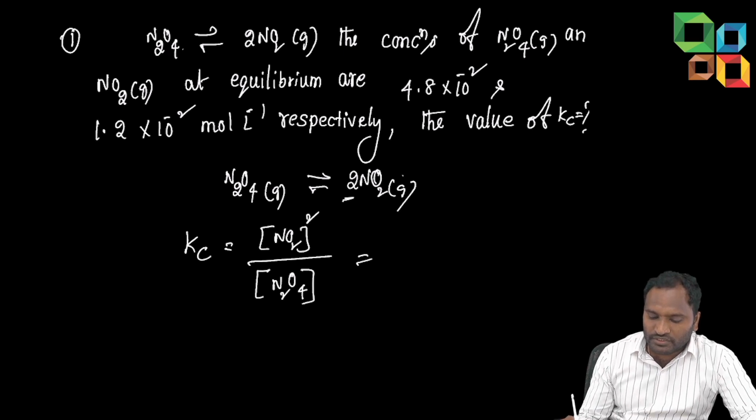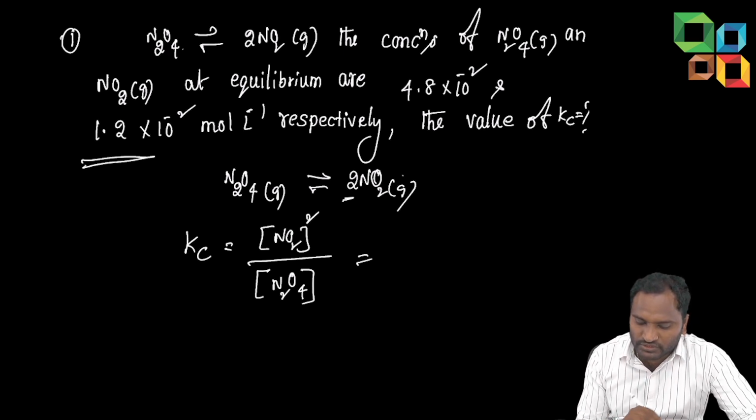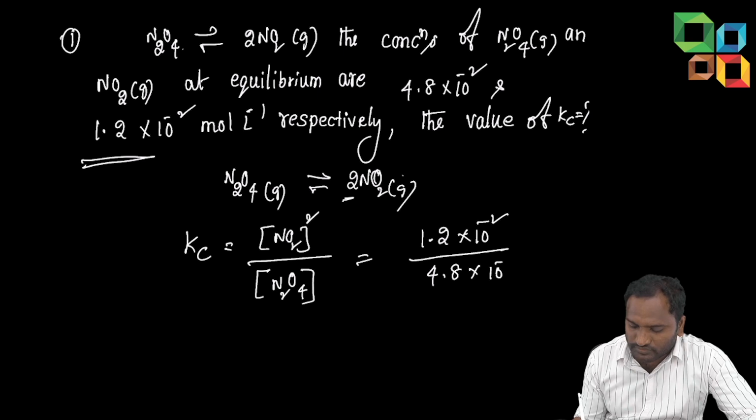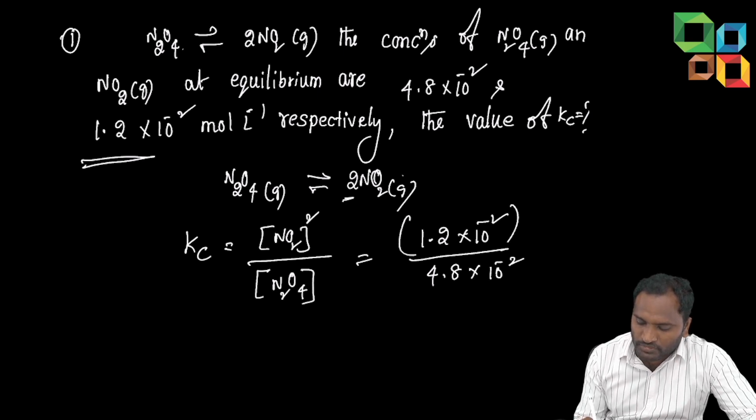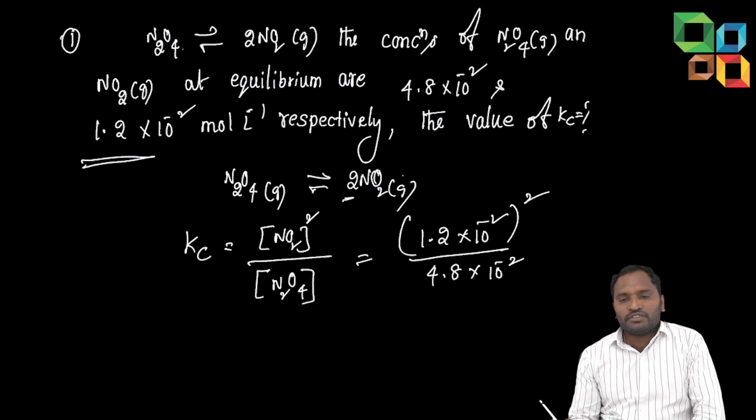We have concentrations of NO2 and N2O4. NO2 is 1.2 into 10 to the power minus 2, by 4.8 into 10 to the power minus 2. Here all to the power 2. Tell me students, what is the answer?